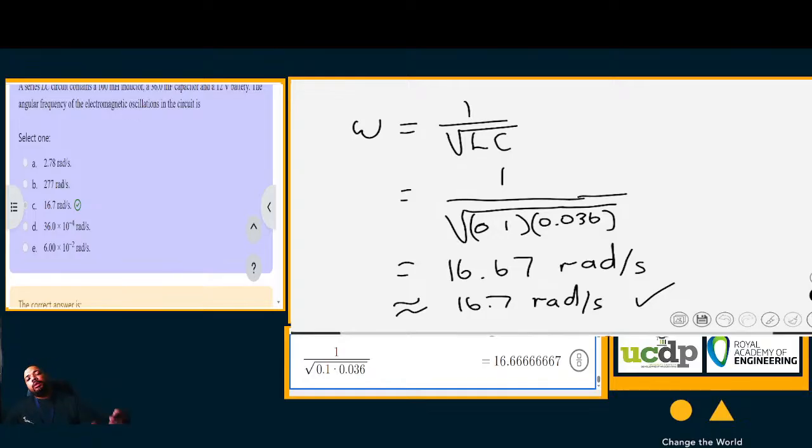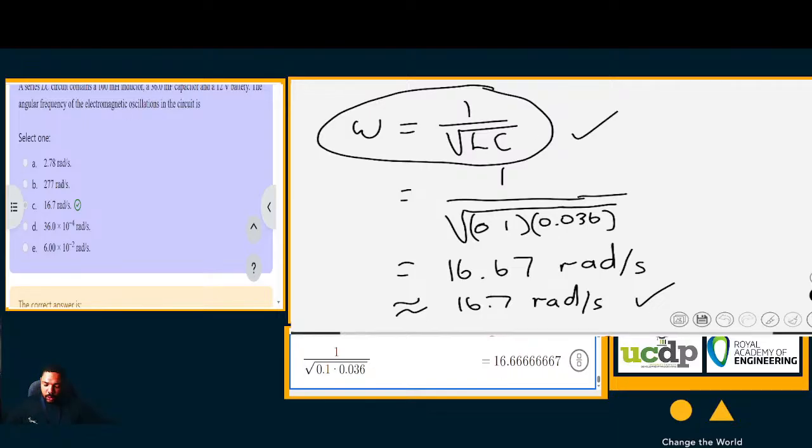What you need to take away from this question is that the angular frequency of an LC circuit is related to the inductance and the capacitance via this formula. You need to know that formula. Question number 2. What does question number 2 require of us? What do we need to do?